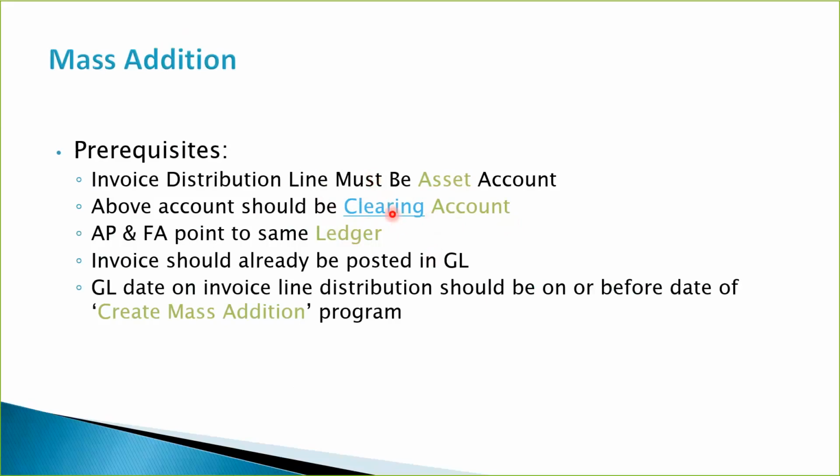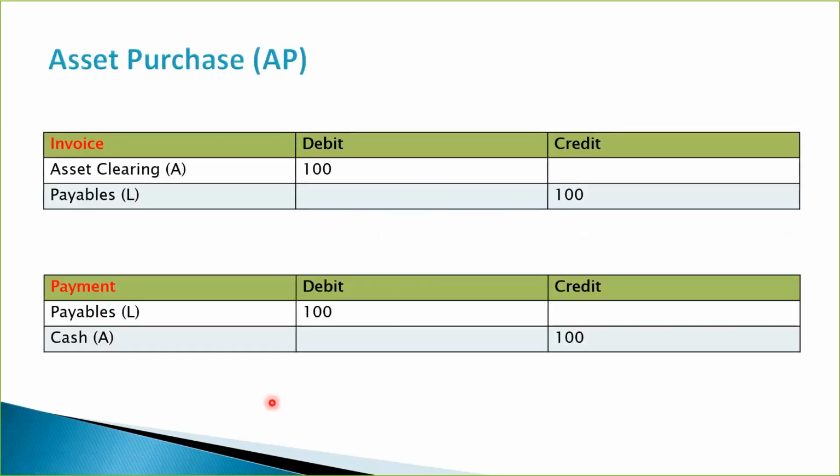And the reason why this must be the clearing account is, if we remember the asset purchase accounting, this is what we did. I don't know why my slides are not moving. In the invoice, you enter the clearing account and the payables account.